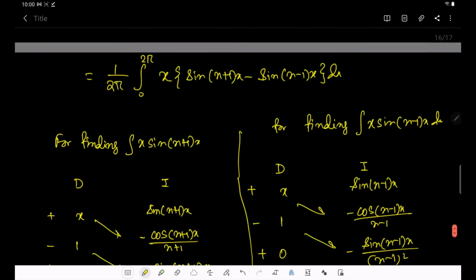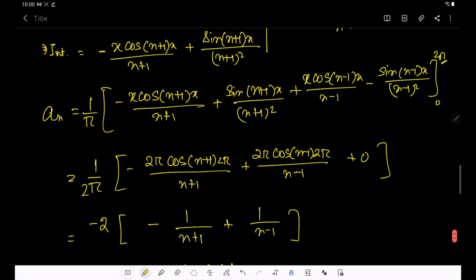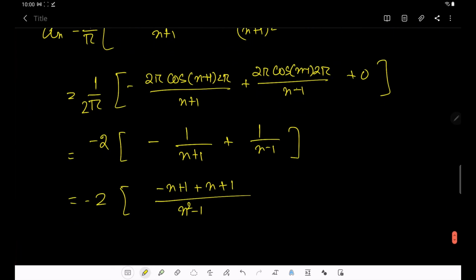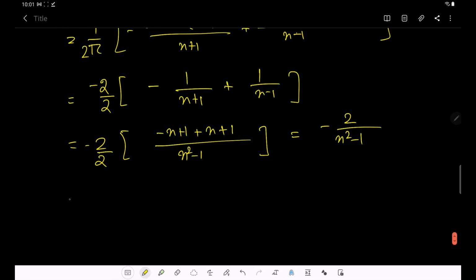Sorry, there was a half sign, I had forgotten that, so the half sign should be there. So the value should be minus 2 by n square minus 1. So you can see that a_n is equal to minus 2 by n square minus 1.